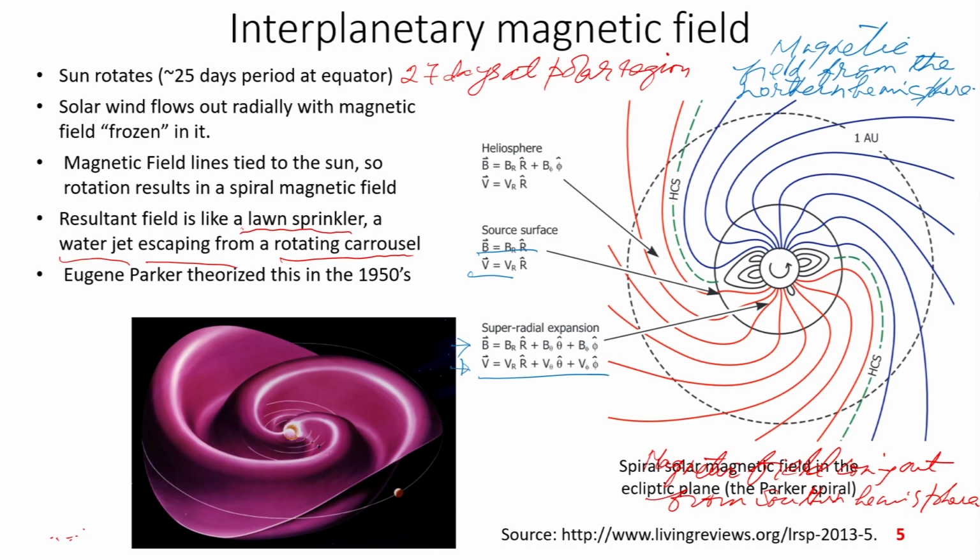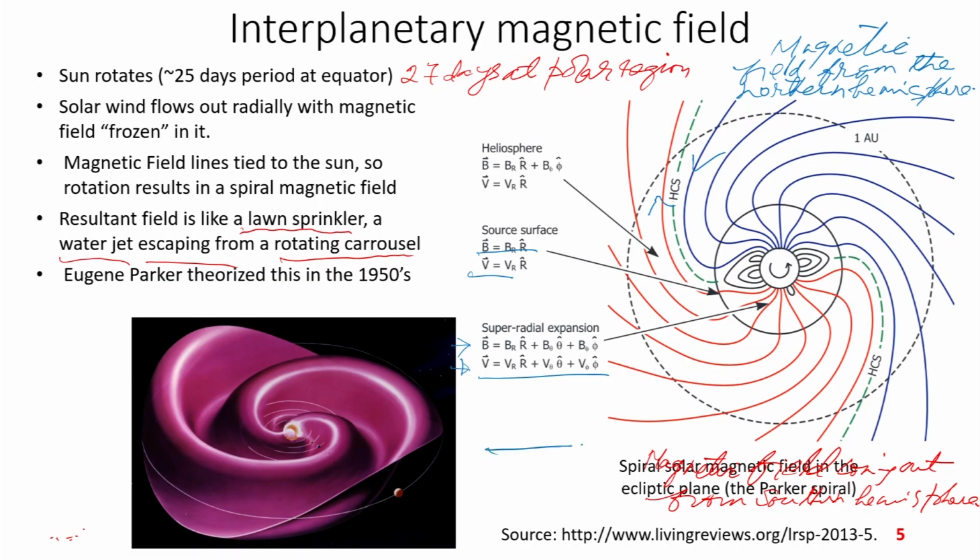And here, as I said yesterday, whenever there is a magnetic field, the polarity of these two magnetic fields is different, one coming from the southern hemisphere and the other from the northern. When two magnetic fields have different polarity, there has to be a current sheet in between, by Ampere's circuital law.